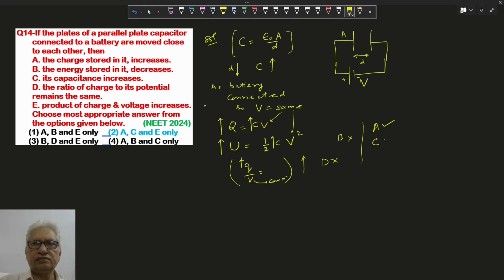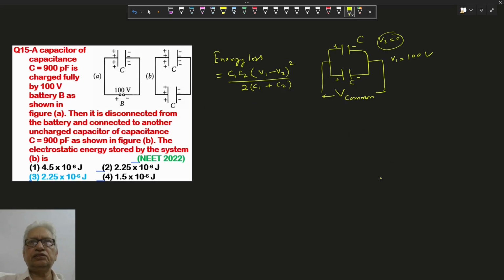Capacitance increases, so also correct. What about E? Charge times voltage: voltage remains the same, but Q increases. So this product also increases. It means it is correct. A, C, E all are correct. So option 2 is correct.